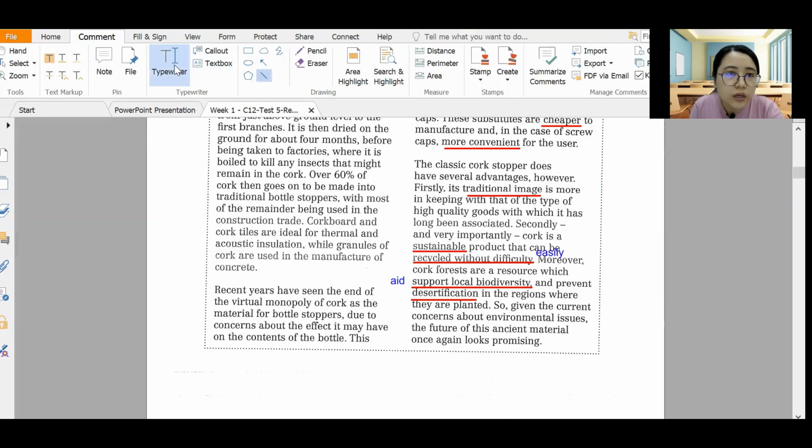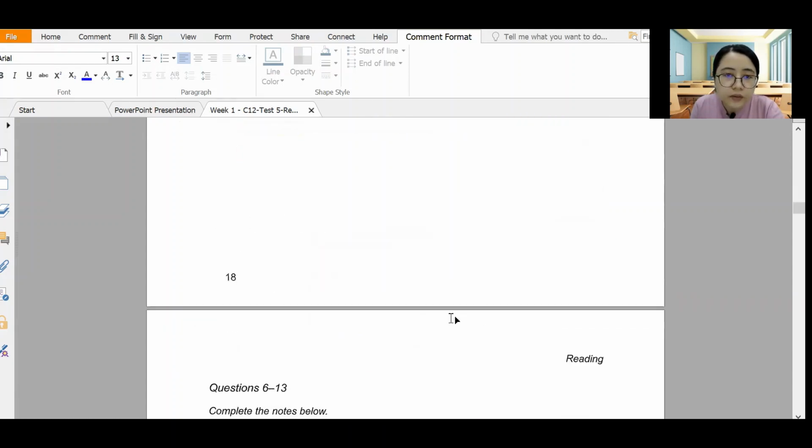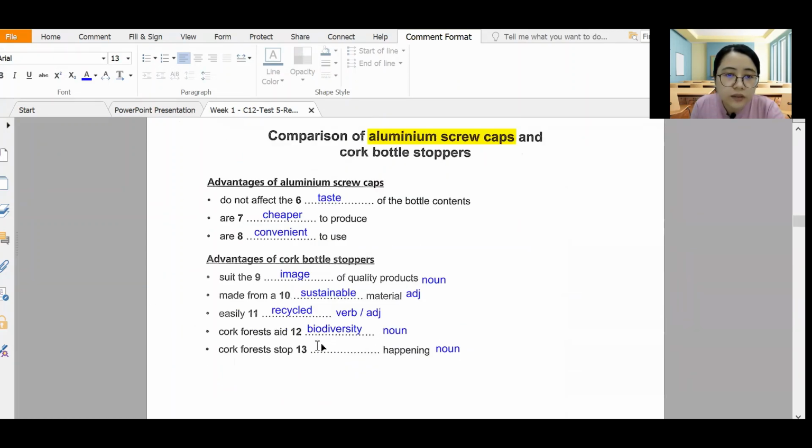So here we have the word prevent equal to stop. So we have desertification for number 13. Okay, so that's it for the first 13 questions of this practice test.